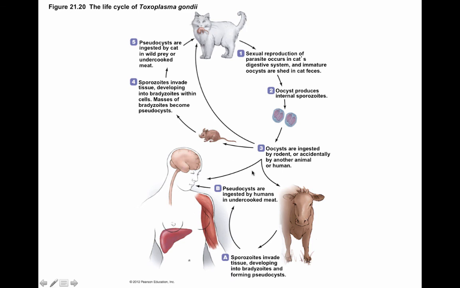Cysts are not only shed in feces, they could be picked up by an herbivore, right? And then these cysts will embed in the muscles of the herbivore, right? And so if we ingest the herbivore, ingest those cysts, then we can get toxoplasmosis.